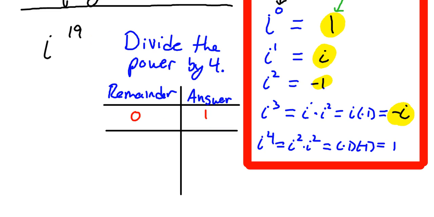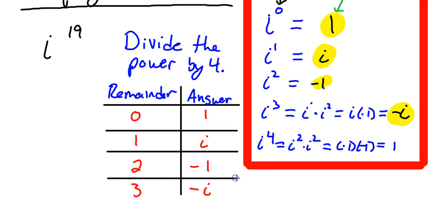If your remainder is 1, your answer is going to be i. If your remainder is 2, your answer is -1. If your remainder is 3, your answer is going to be -i. Okay. And that's pretty much your chart.